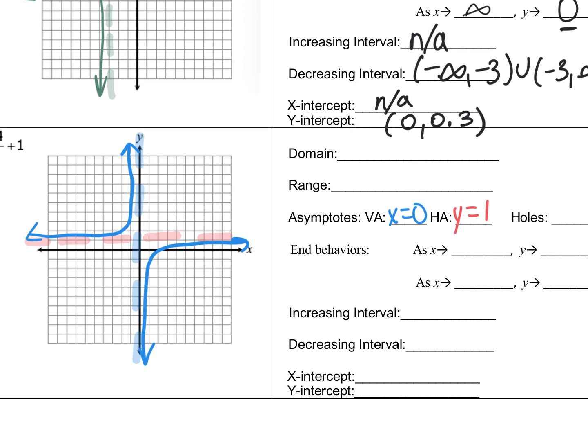This is reflected, okay? So it's just going to change a few things. The domain won't change. This is still negative infinity. As I move from left to right, I'm stopping at 0. 0 to positive infinity. Okay? And then range, from bottom to top, I'm stopping at 1, right?